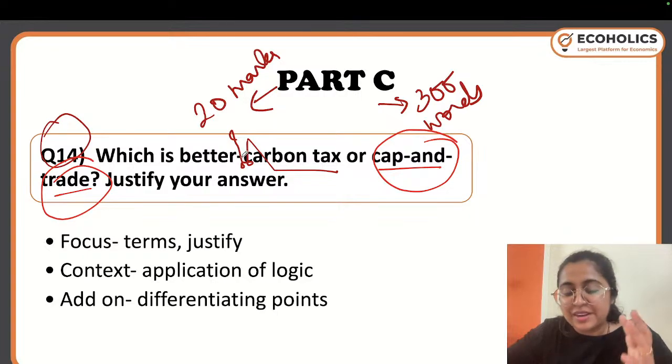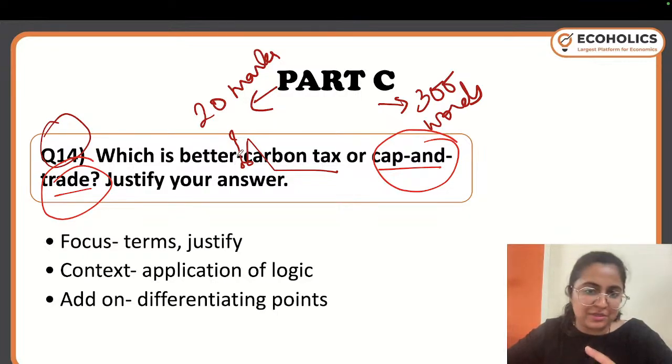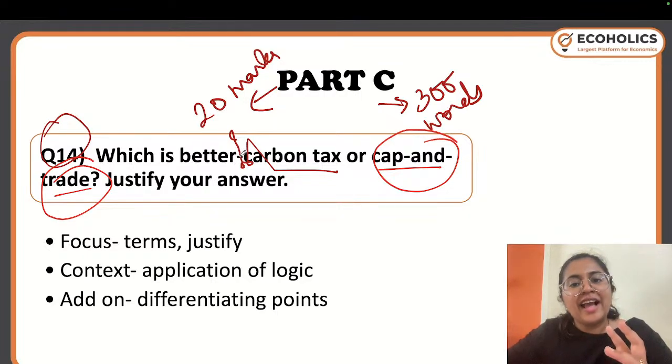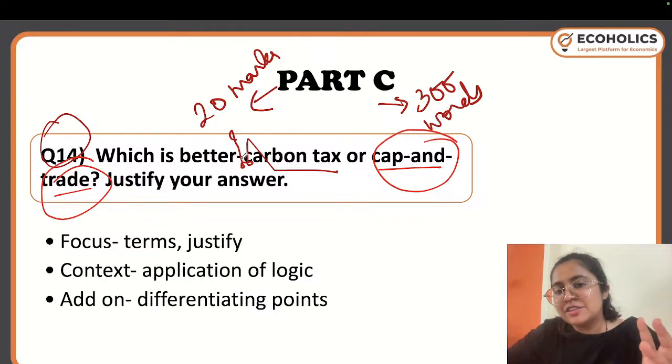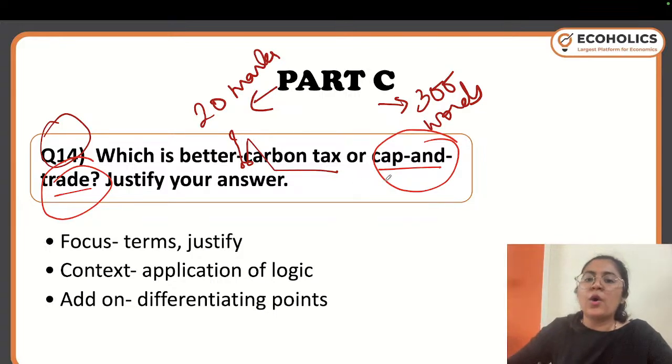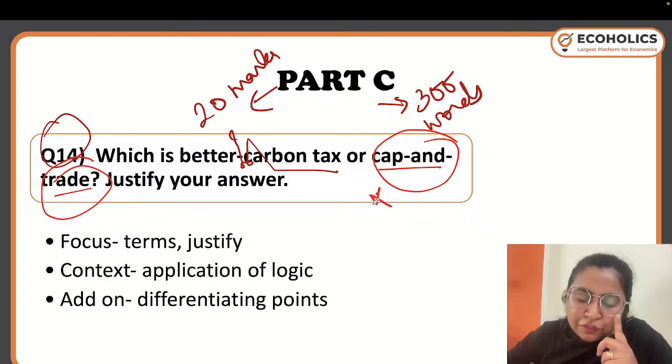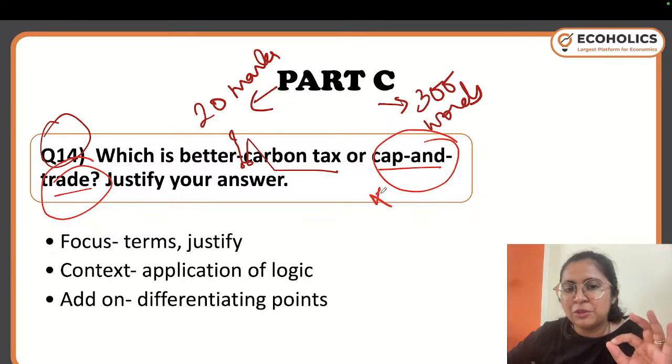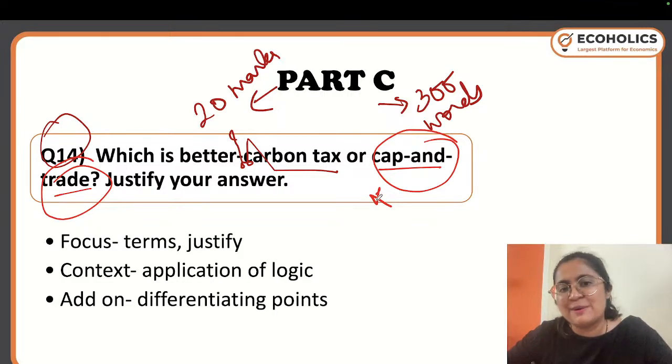Now here, cap and trade, if you haven't analyzed or read concepts in depth, or if you haven't been alert in the examination hall, you will not comprehend what cap and trade is. But if you use some alertness, you will immediately identify what exactly they are asking about.